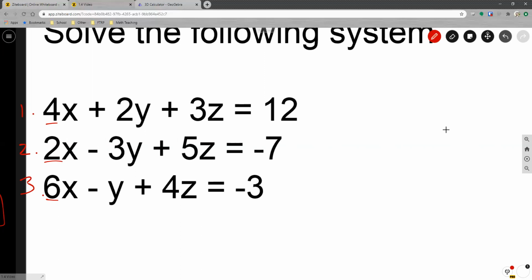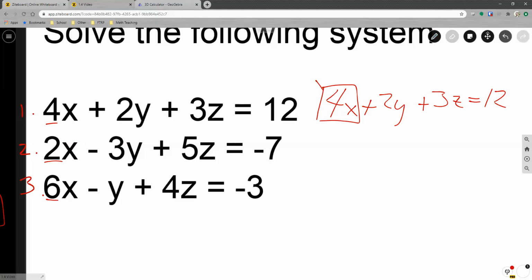So if I take 4x plus 2y plus 3z equals 12. My goal here is to try to eliminate this 4x. And let's change this to an arrow.